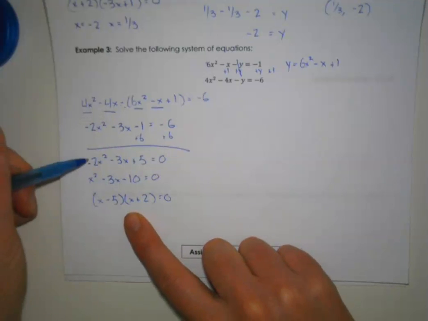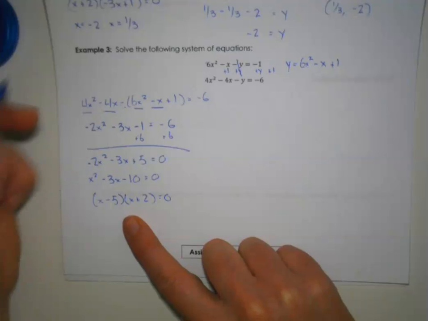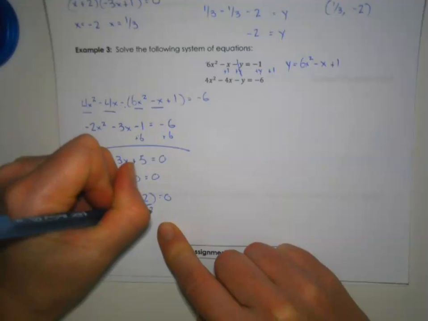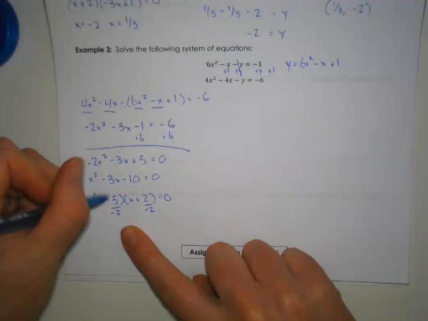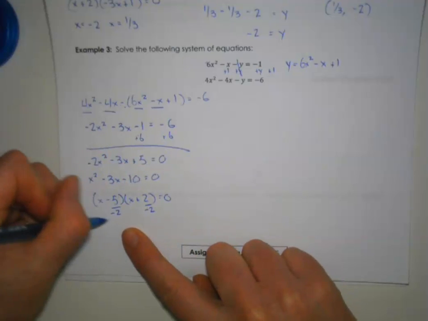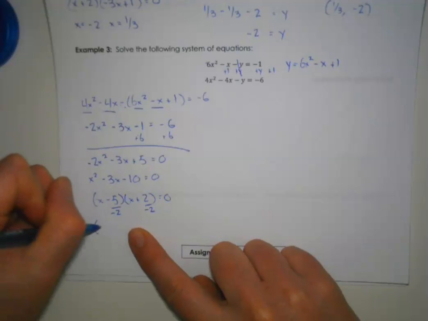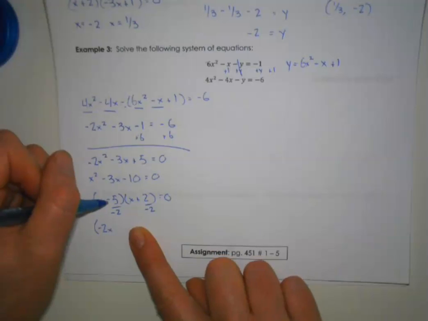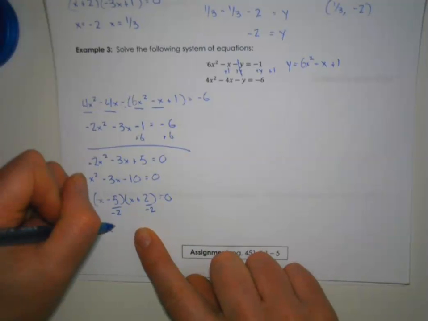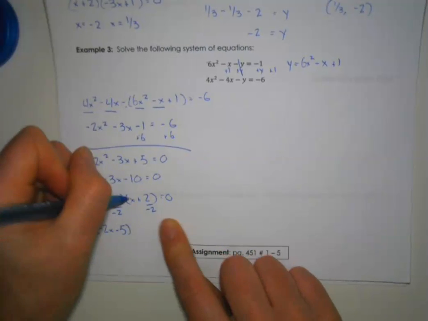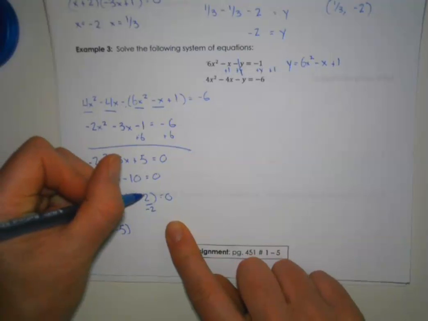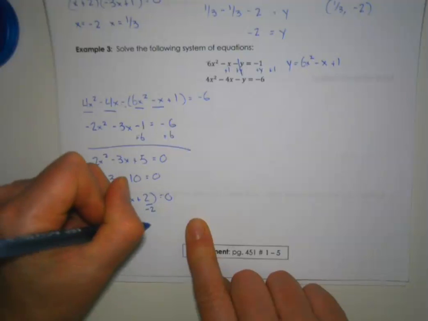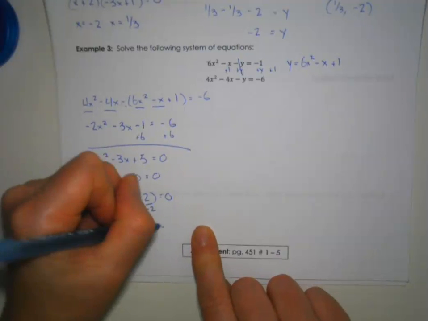We use the swing method, so we need to divide out that number we multiplied by. So divide by -2, divide by -2, and that gives us, this is our fraction one, so we're going to swing that up. So we have -2x, and then -2x minus 5. And then x, positive 2 divided by -2 is -1. So x minus 1 equals 0.